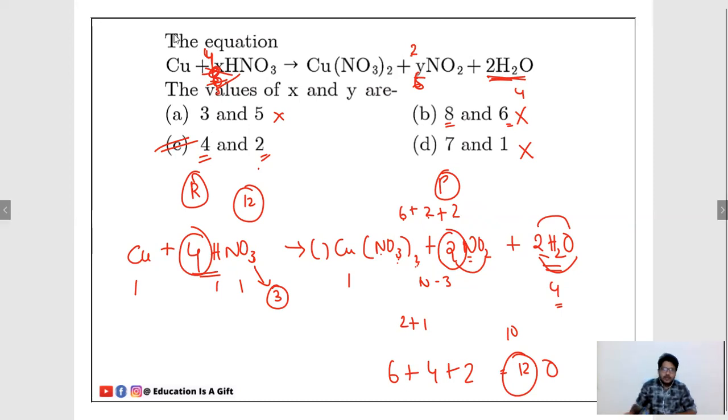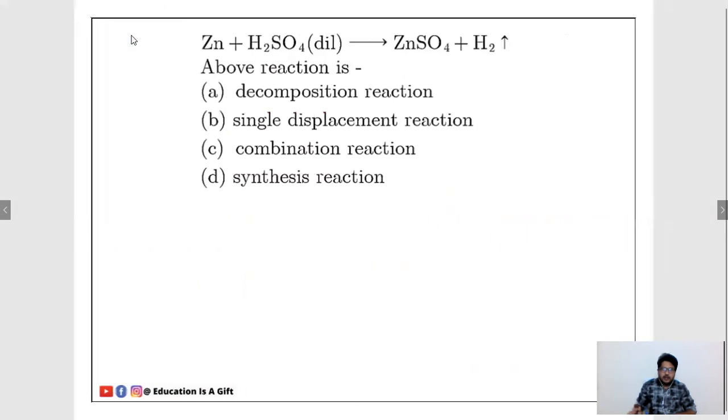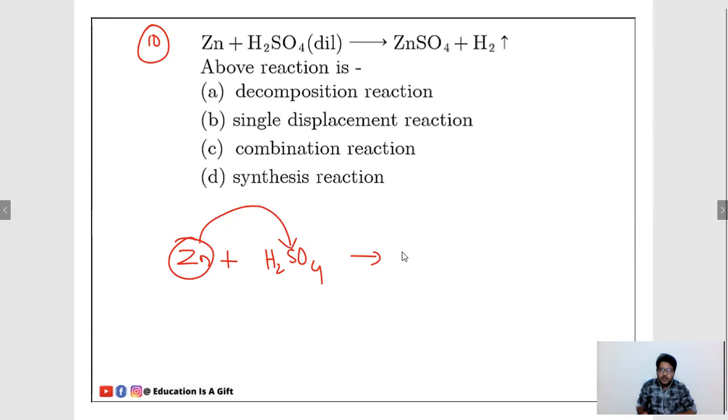That is your question number 9. And next question 10. Zinc plus H2SO4 gives rise to ZnSO4 plus H2. What they asked? Above reaction is, so type of reaction. You see from H2SO4, here zinc is combining with this SO4 and we are getting ZnSO4 and this hydrogen got displaced.